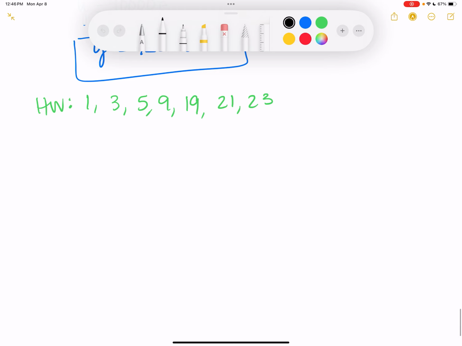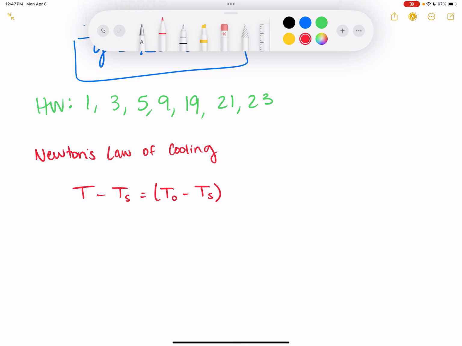I'm going to write the equation for Newton's law of cooling just so that we have it written down to reference. So we have T minus T sub S is equal to T sub 0 minus T sub S times e to the negative KT.